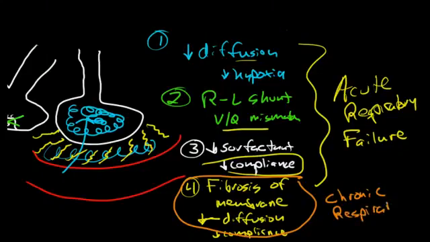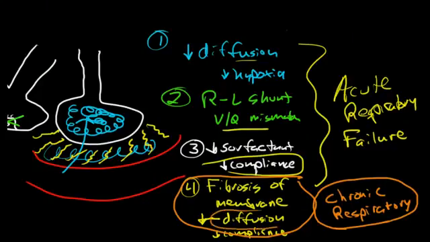Now, it really depends on how much inflammation there was and how long it lasted, how severe this chronic disease will be, but there is always some degree of lung stiffening and loss of diffusion capacity after a bout of ARDS. Some of it can be crippling, so patients really have a hard time getting off the vent after a long time.